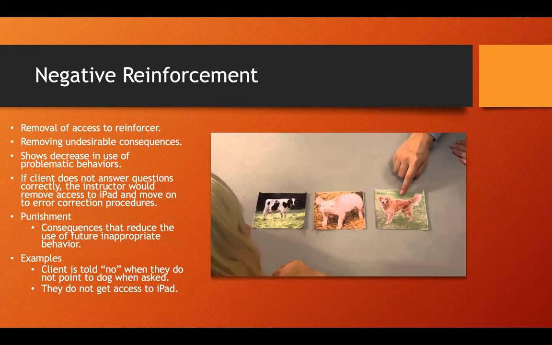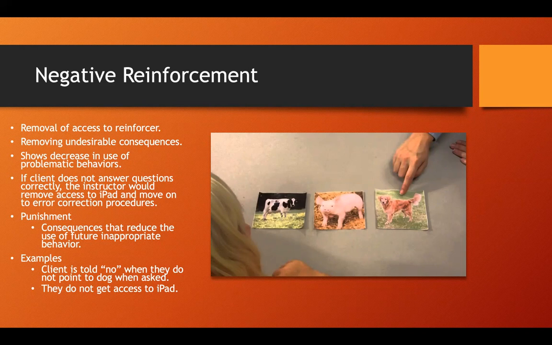Something to remember and utilize when we're using DTT is negative reinforcement, which is the removal of access to a reinforcer. You wouldn't give the client the reinforcer you're using to keep them doing this program. You would make sure they don't have access to it once they do the problematic behavior or when they don't respond correctly to a situation you have set up.